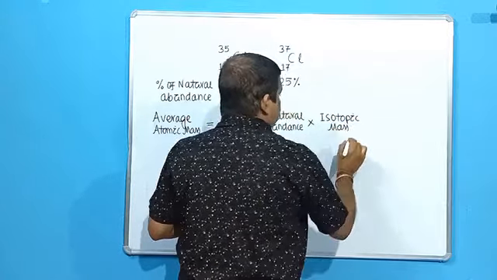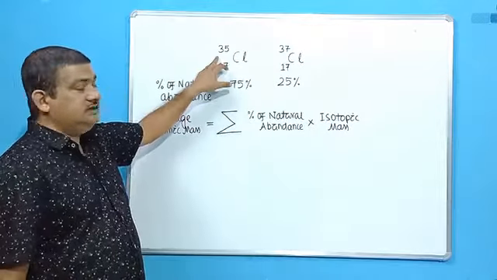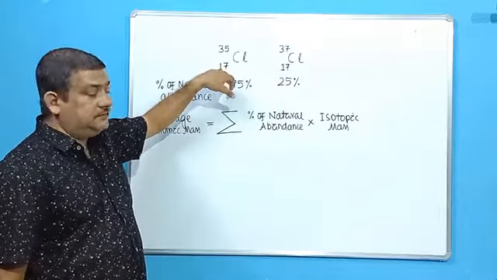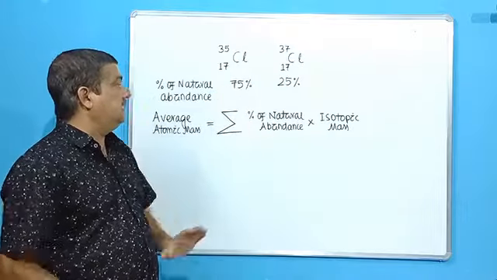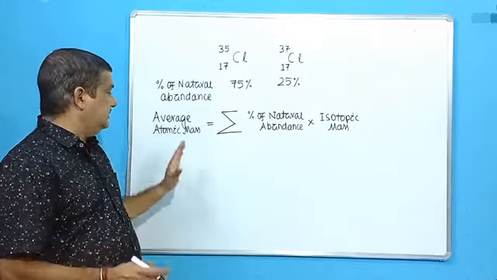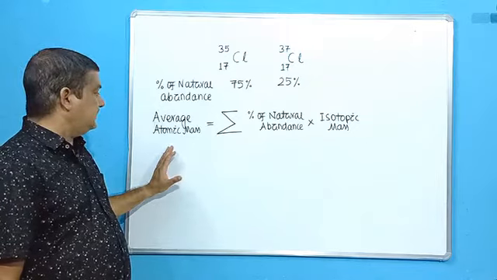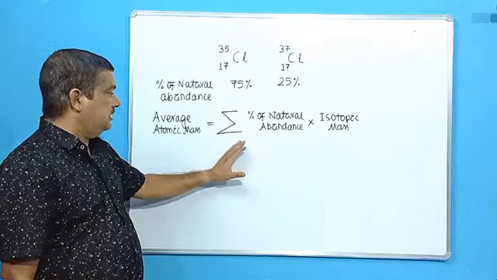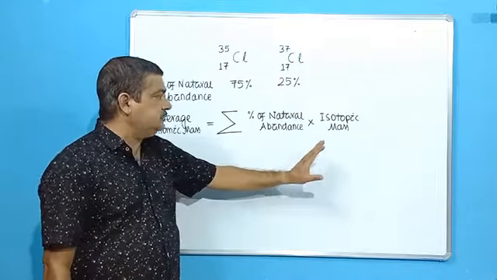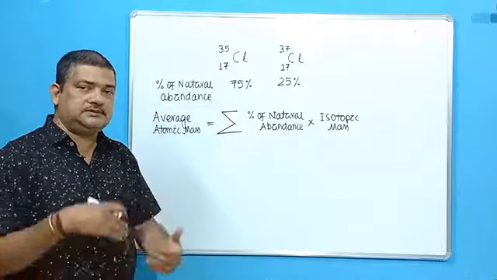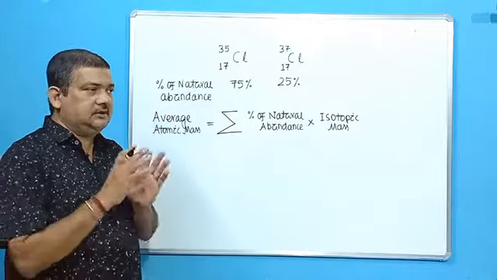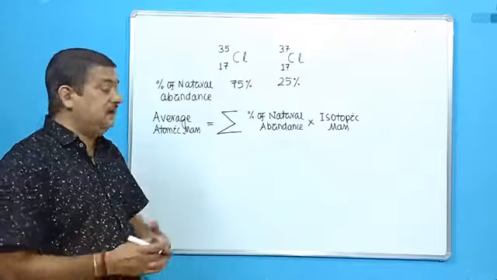What is isotopic mass? The mass of the isotope. This is an isotope, its mass is 35, so the mass of an isotope is called isotopic mass. So this is the formula to calculate the average atomic mass of an atom: sum of percentage of natural abundance into isotopic mass. As many isotopes as there are, we keep adding them.